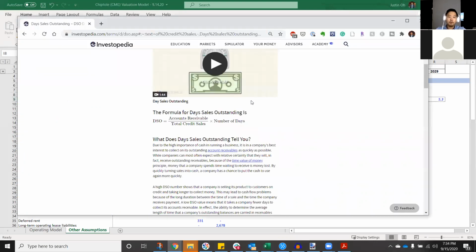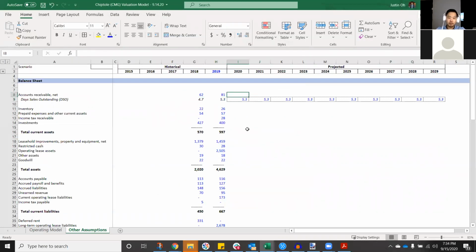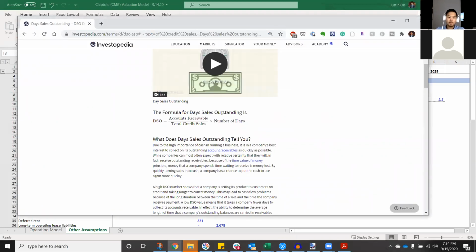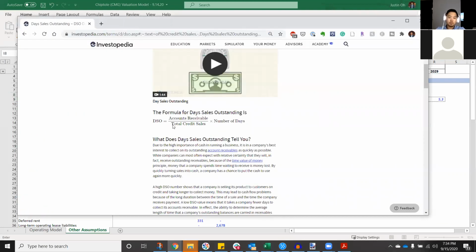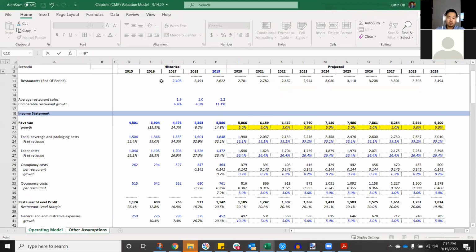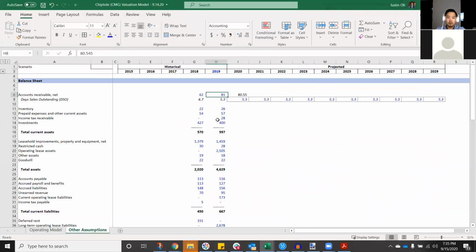If you remember how to do algebra, to find accounts receivable you want to divide both sides by the number of days and multiply both sides by total credit sales. So let's divide it by the number of days, so you get DSO times credit sales divided by 365. That should get you your number.